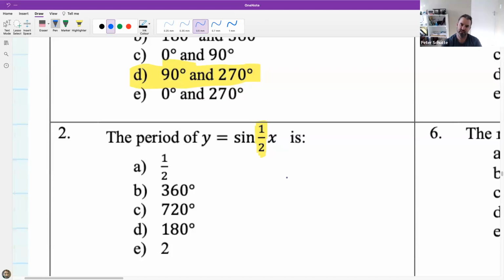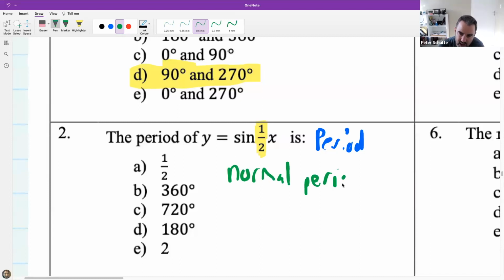I think that this is changing the period of the graph. So what is the normal period of the sine graph? First, tell me what the normal period of the sine graph is. So the normal period is what?